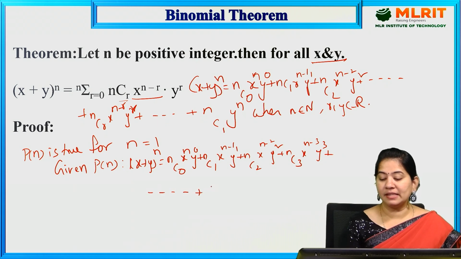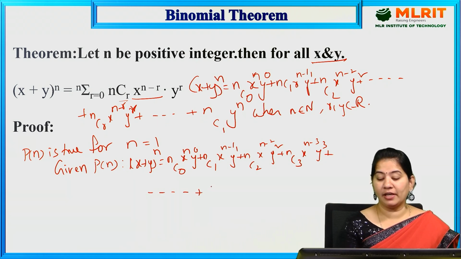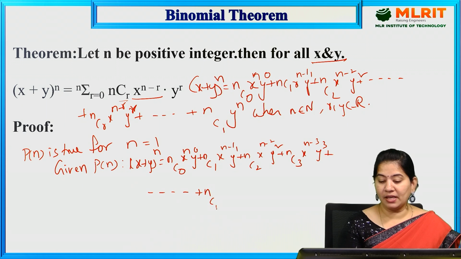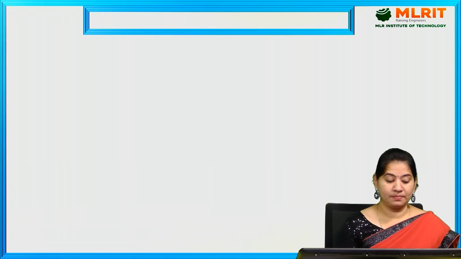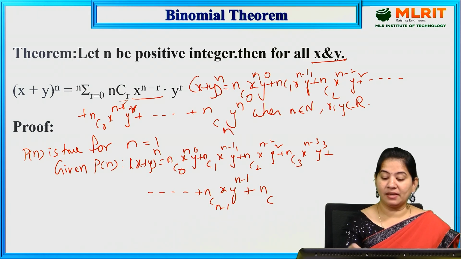Before the last term we have ncn minus 1 x into y power n minus 1, plus ncn y power n. This is equation 1.